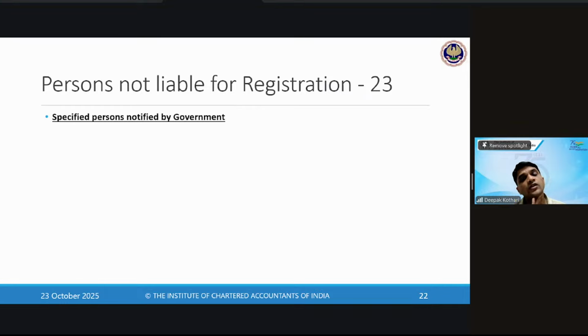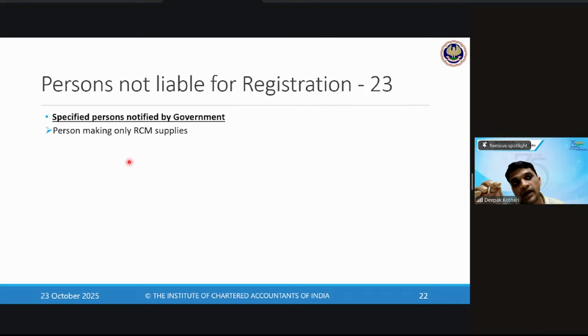Then other people who are not liable for registration, people who are notified by the government. Who are these people who are notified that we have already read under that exemption? No, those people, that is, persons who are making only RCM supplies. They're only making supplies on which reverse charge is payable by the recipient, like advocate, goods transport agency.